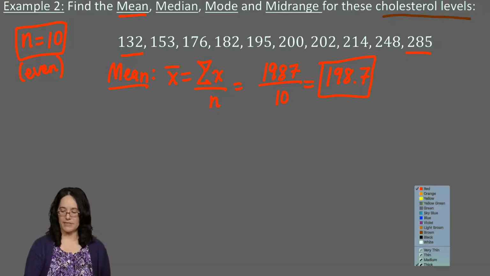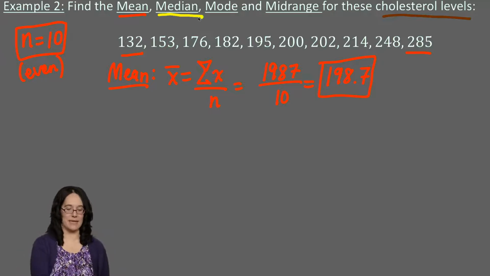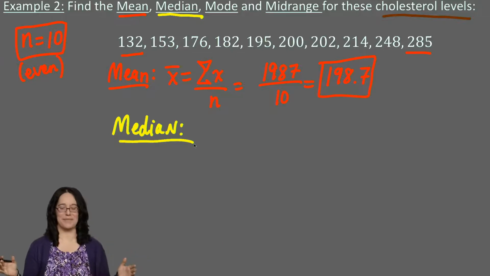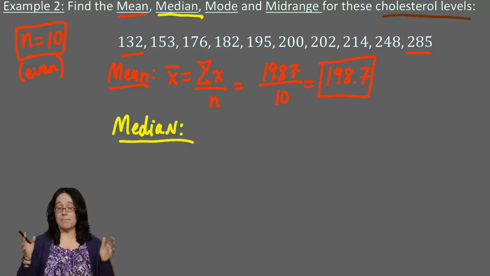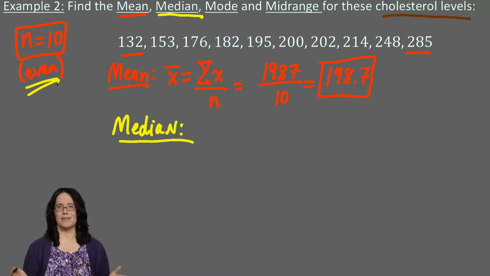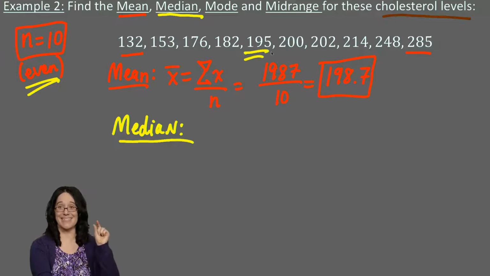But next we're asked to find not the average, but the middle number, right? The median cholesterol value from this data set. These are probably different individuals because this would be a lot of variety for one person, unless it's over the years and things are just getting bad. All right, take a look at the median here. The median is the middle value, and because we have an even number of values, what did we do again? That's right, we cut that number in half, so there's 10 values. 5 is the halfway point. 1, 2, 3, 4, 5 of my sorted data, that's key.